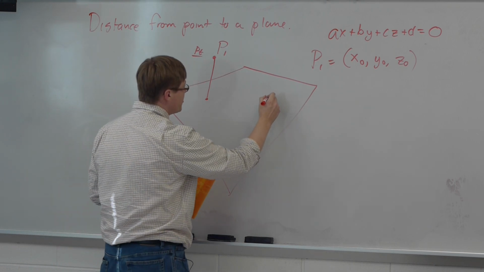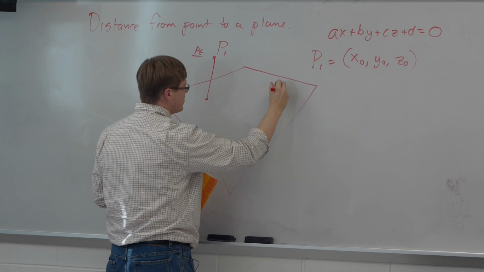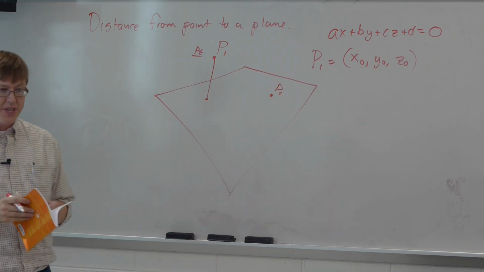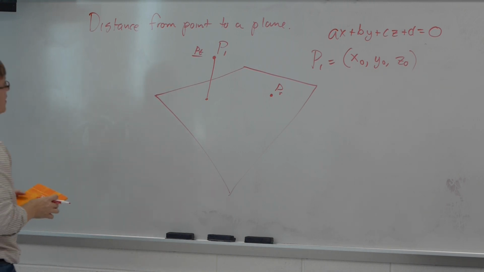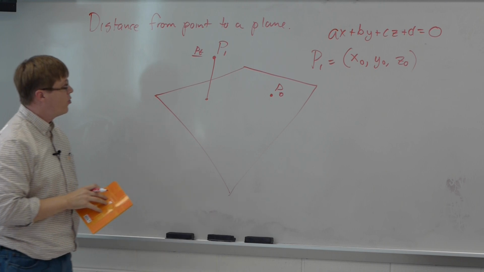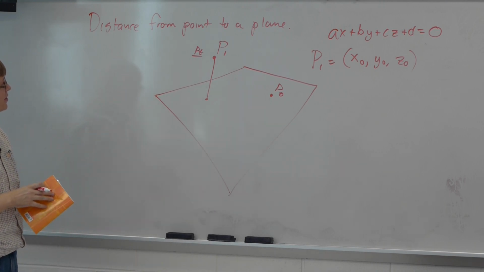And what I'm going to do is pick some point on the plane, like we did when we came up with the equation of the plane. I'm just going to call it P0. Any old point that satisfies that.